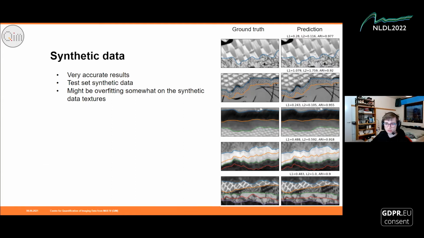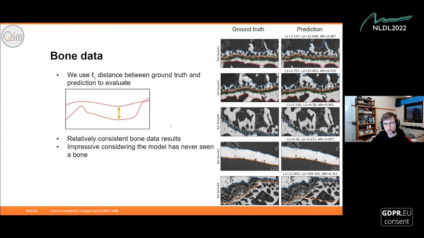In these examples, it's pretty much perfect, making very few mistakes, and this is even quite representative of how it is on synthetic test data. On real data, the results are a bit less consistent, where we need to remember that this network has only been trained with synthetic data. It's never seen images of bones before.